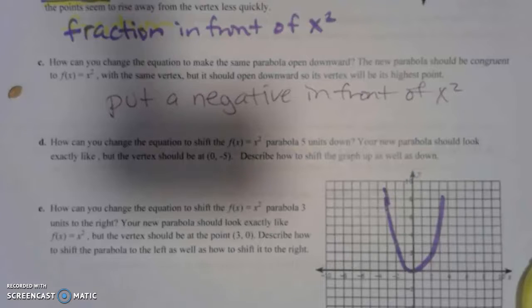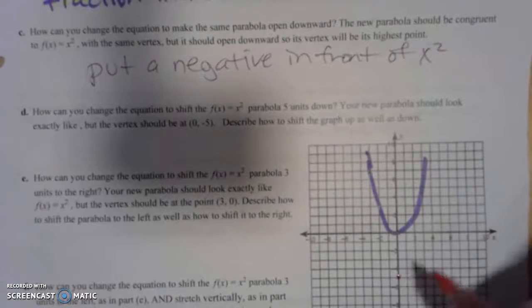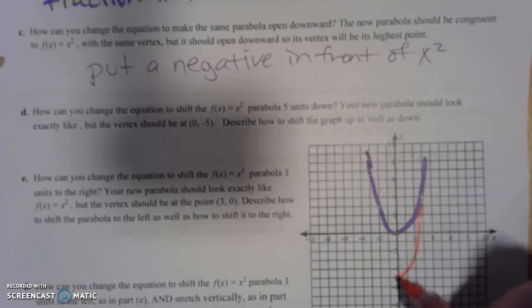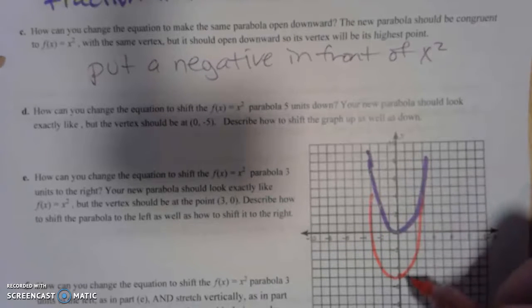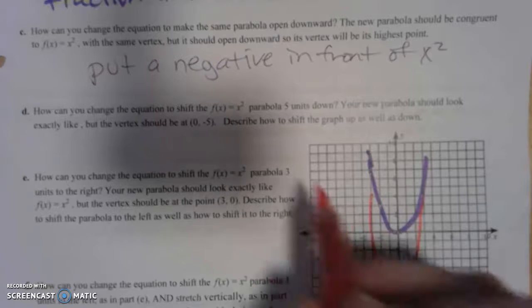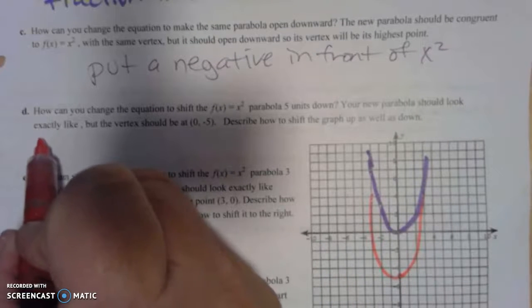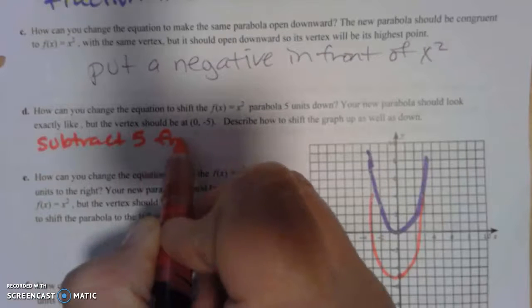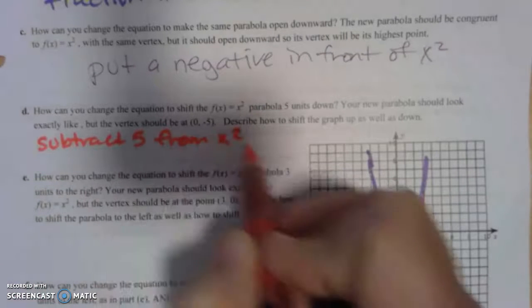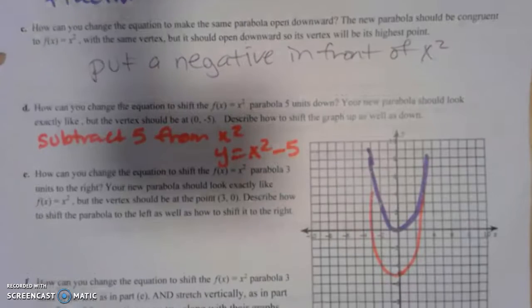To shift 5 units down, 1, 2, 3, 4, 5 right here, our graph looks exactly the same except the parabola is just shifted down. So you're just going to subtract 5 from x squared. So you get y equals x squared minus 5.